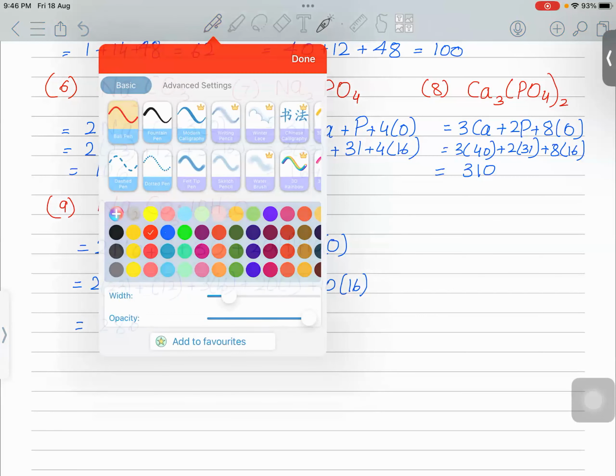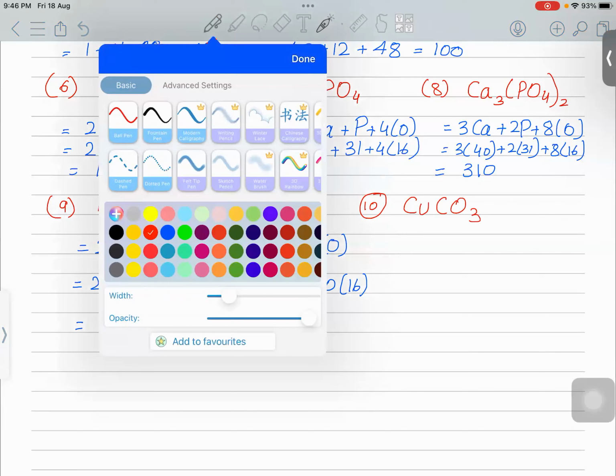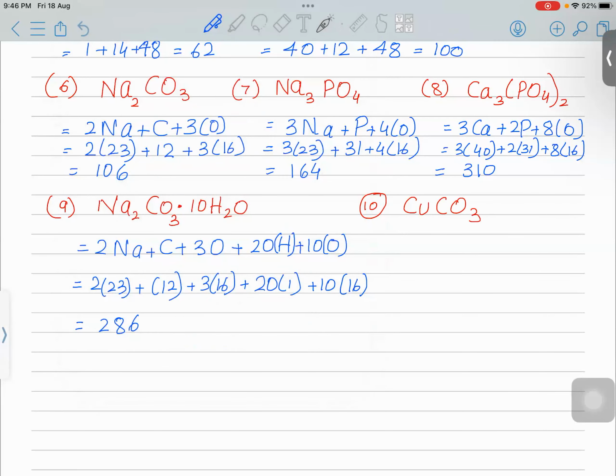Now the last question for MR is CuCO3. Cu plus C plus 3O. For Cu, the relative atomic mass is 63.546, which will be 64, or 63.5. No need to adjust.